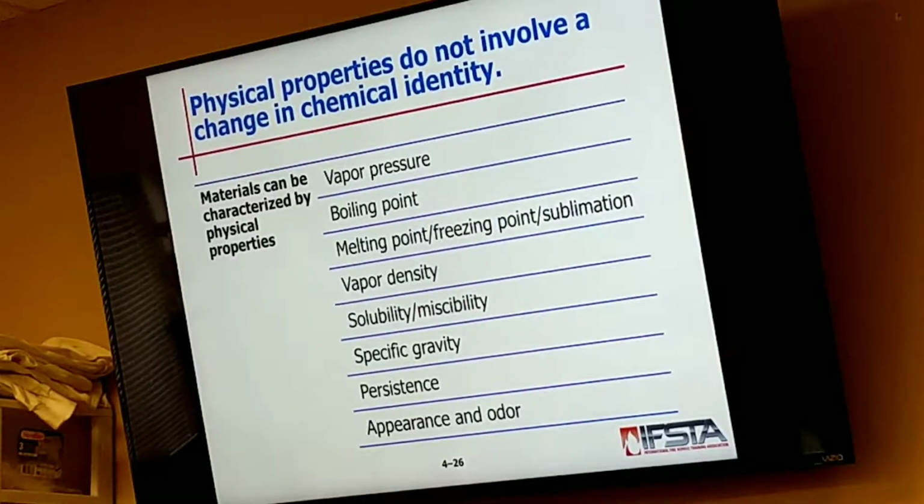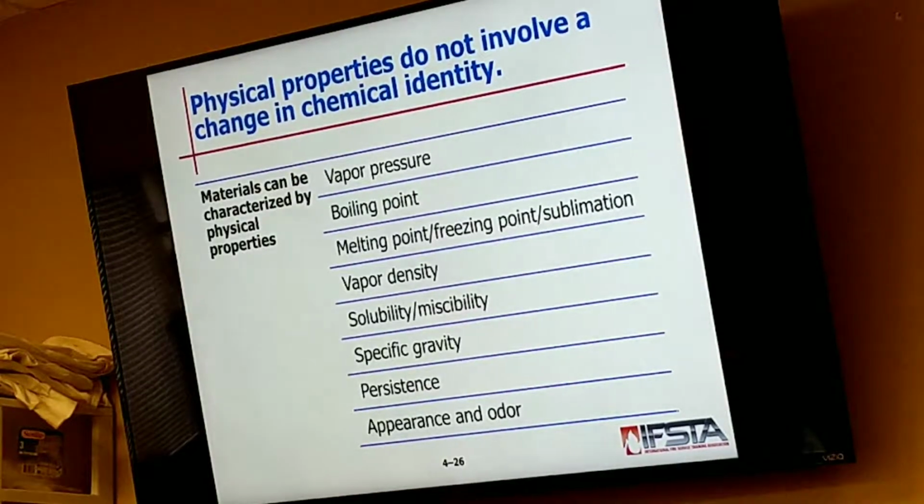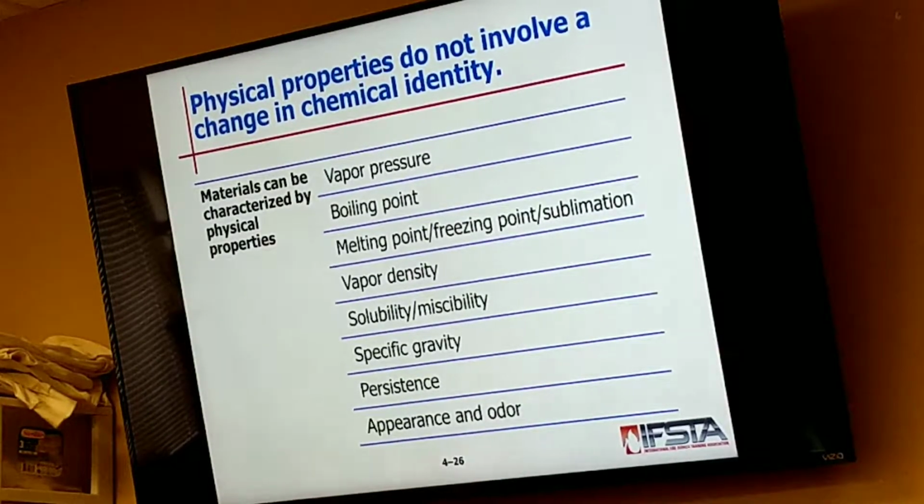You need to know some of this stuff so you know how some of it acts. We have vapor pressure, boiling point, melting point, vapor density, solubility, specific gravity, persistence, appearance and odor. That's all going to describe how something acts.